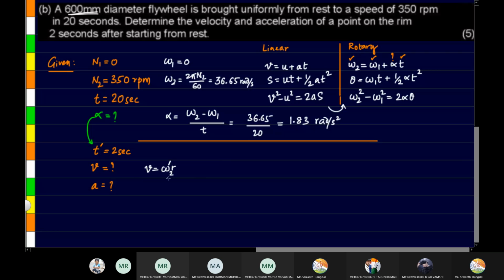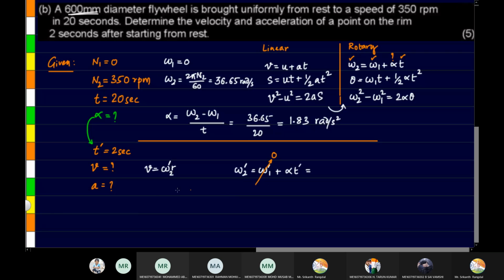Okay. So how to find omega 2 dash? We have to use omega 2 dash equals omega 1 dash plus alpha t dash, where alpha will be the same. So omega 1 dash is 0 because it is starting from rest.